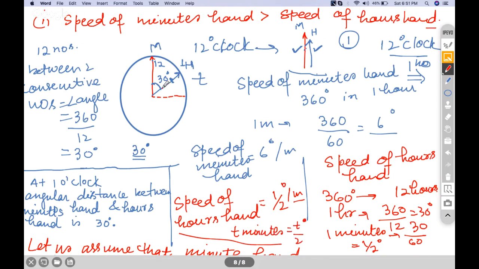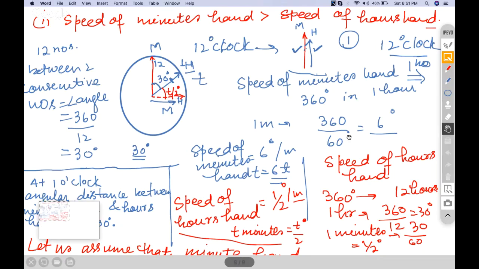So this becomes t by 2 degrees, and the minute hand is meeting the hour hand here. After 1 o'clock, it is meeting after t minutes. So in t minutes, the minute hand will travel 6t degrees. This should be able to cover this 30 degrees initial distance plus t by 2 degrees, which has been covered by the hour hand in the t minutes after 1 o'clock.